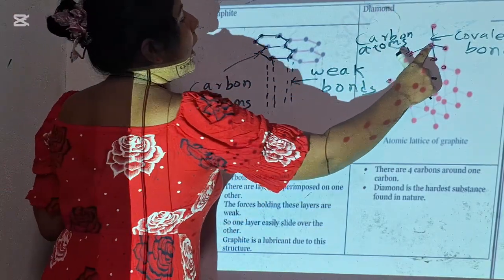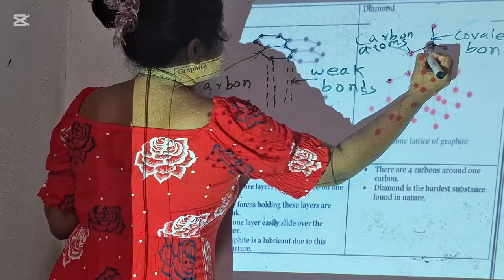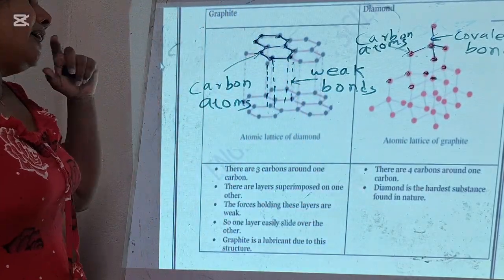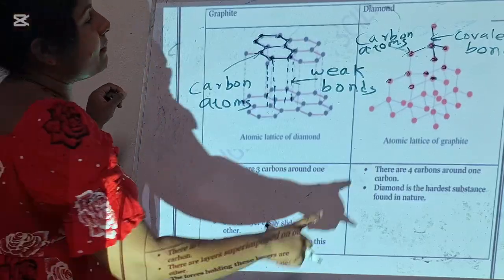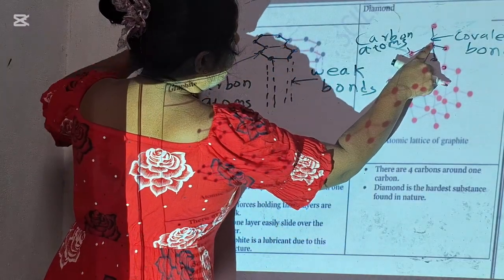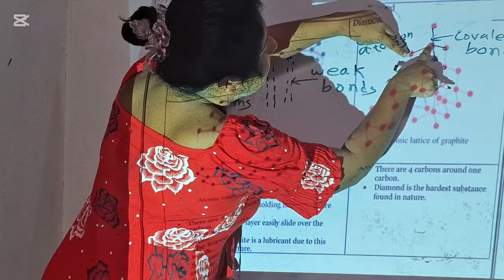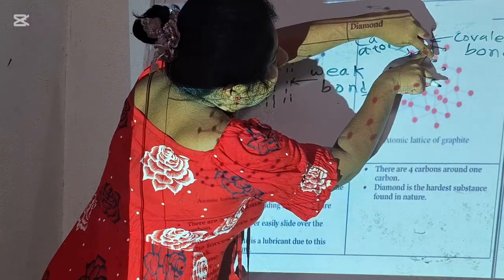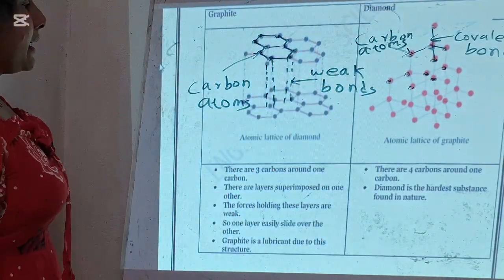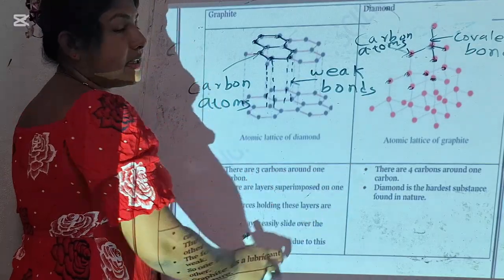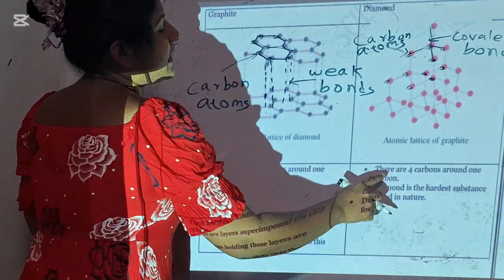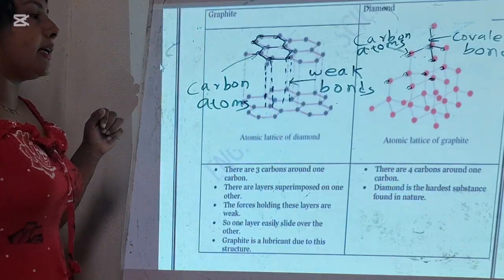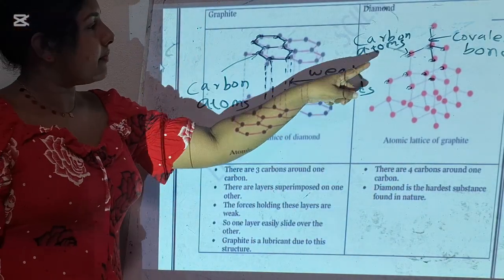If we take one carbon atom, this one pink dot, and keep our finger on it, how many carbon atoms are around it? 1, 2, 3, 4. 4 carbon atoms. That's why the first characteristic mentioned here is that there are 4 carbons around one carbon.